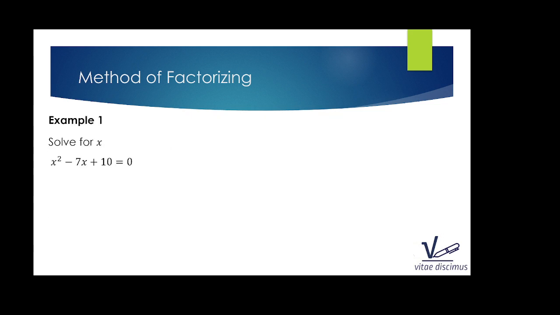Example number 1. We're trying to solve for x, and the quadratic equation is in standard form: x squared minus 7x plus 10 equals 0. We look for the factors of positive 10, sign included, that add up to give negative 7.